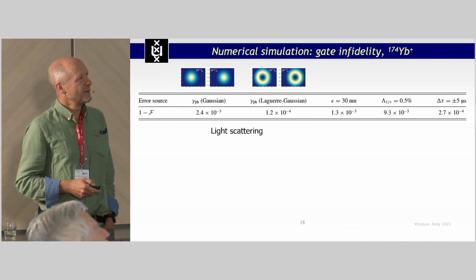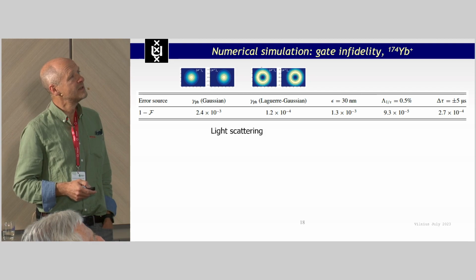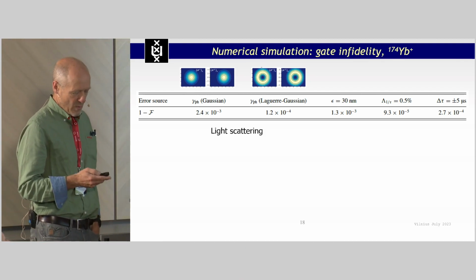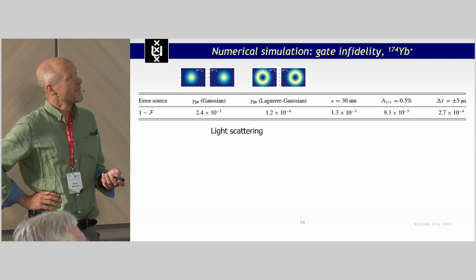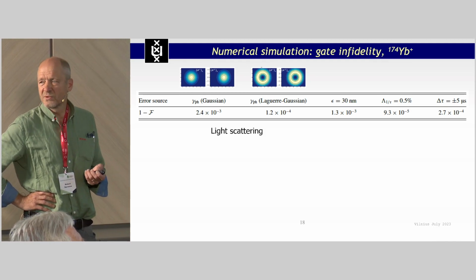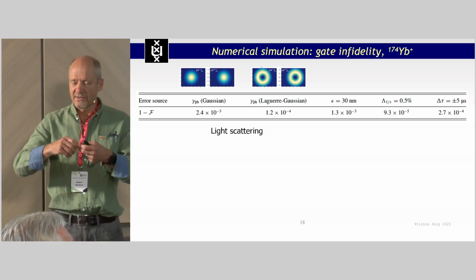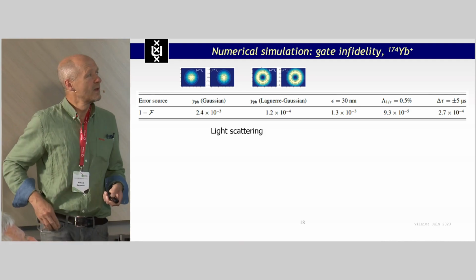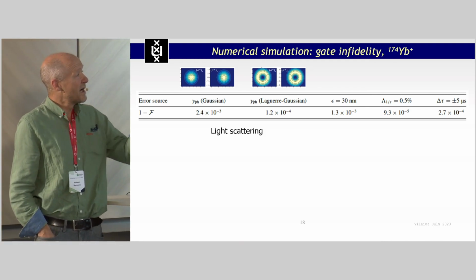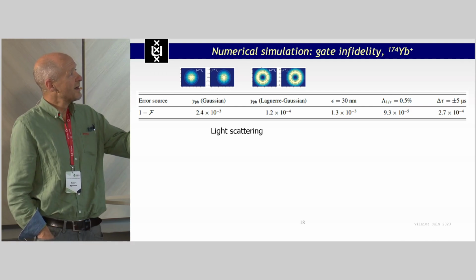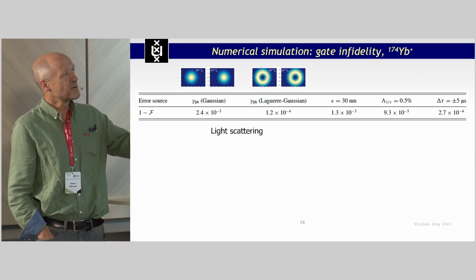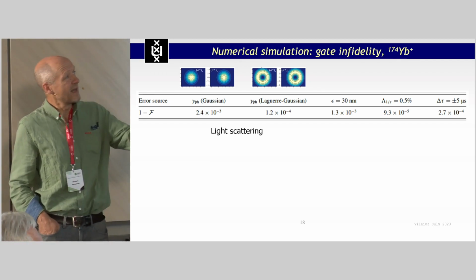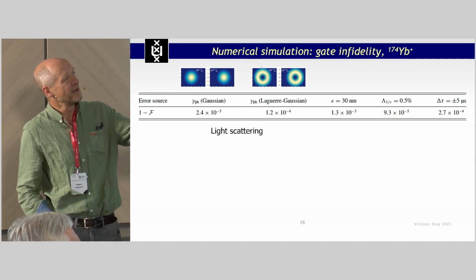So we did some numerical simulations to see what sort of fidelity we could expect. It turns out light scattering is an important one. So this is off-resonance scattering of tweezer light. If we take a Gaussian tweezer, this is kind of bad, but we can use a Laguerre-Gauss mode, so that the atom sits in the dark, basically, or the ion, I must say.